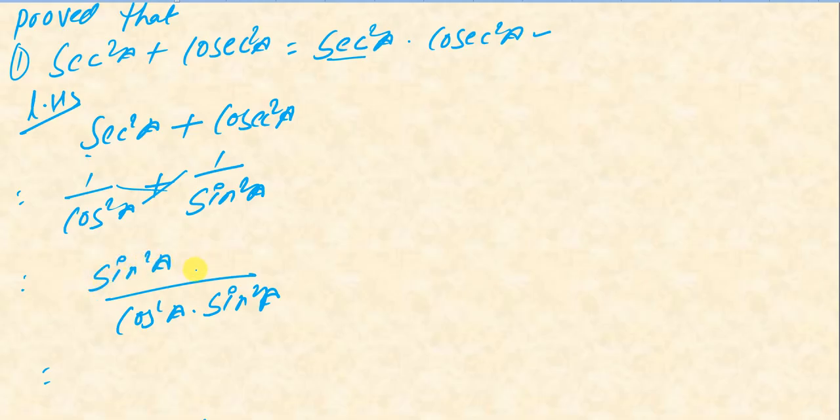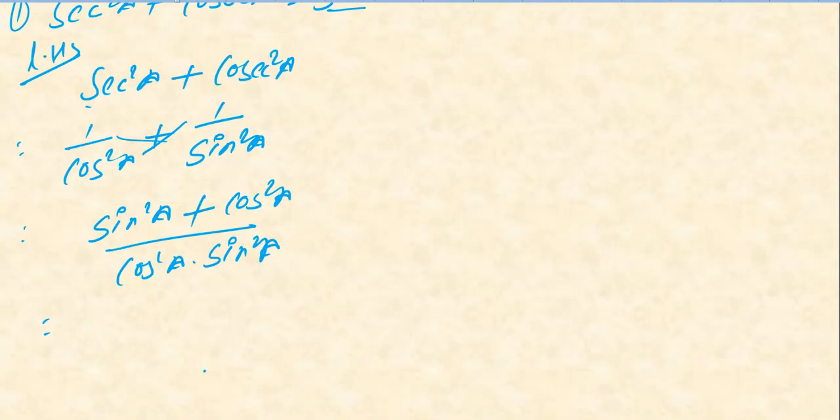Sin square A plus cos square A. Sin square A plus cos square A is equal to 1. This is our formula.